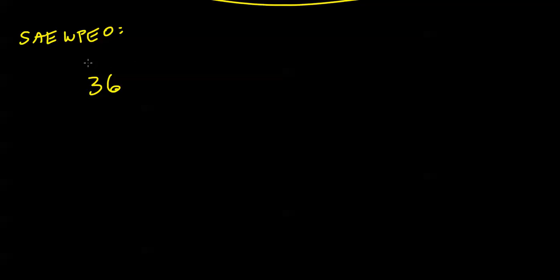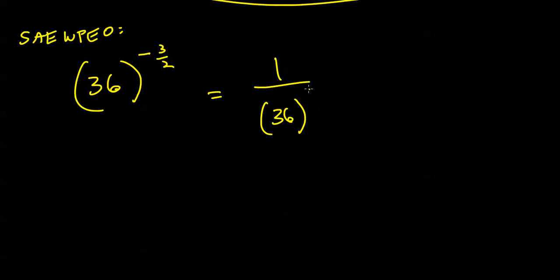36 raised to the minus 3/2 power. Students tend to give all kinds of crazy answers for problems like this, but it's really not that bad if you stick with the system. Well, anything to the negative power is 1 over anything to a positive power, so that would probably be my first step.